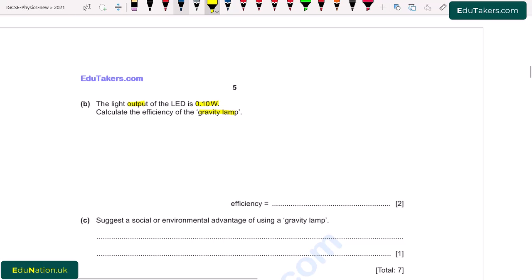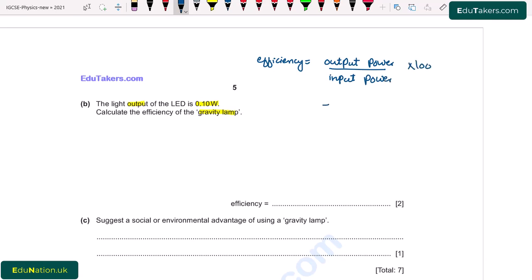So I write here efficiency is equal to output power divided by input power multiplied by 100, that is the percentage efficiency.